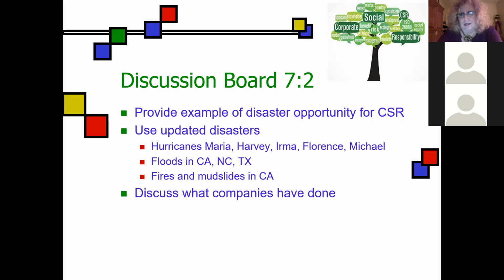Hurricane Maria that devastated Puerto Rico, Harvey that hit Texas, Irma that hit the entire state of Florida. If you lived in Florida, there was nowhere to evacuate to. Florence that hit North Carolina this year, and Michael that totally devastated the panhandle of Florida this past year. There were floods in California, North Carolina, and Texas, fires and mudslides in California. So any kind of natural disaster, it doesn't have to be U.S., but I think that is easier to pick.